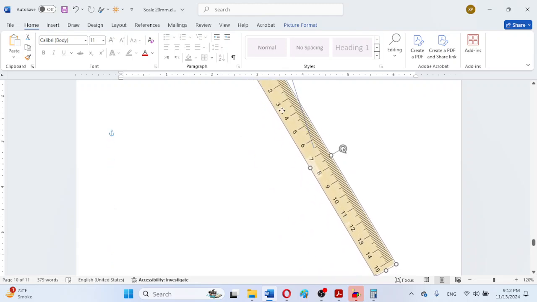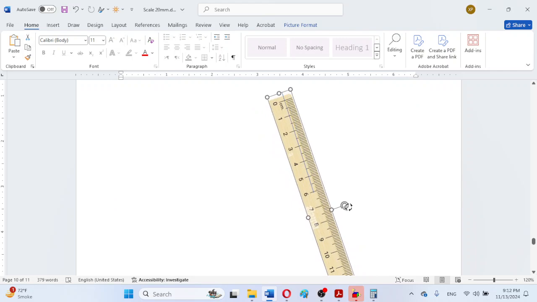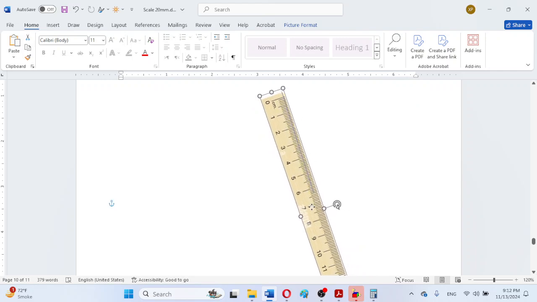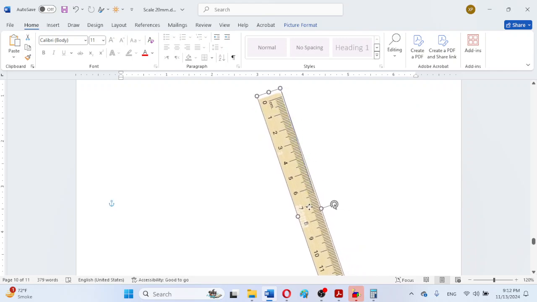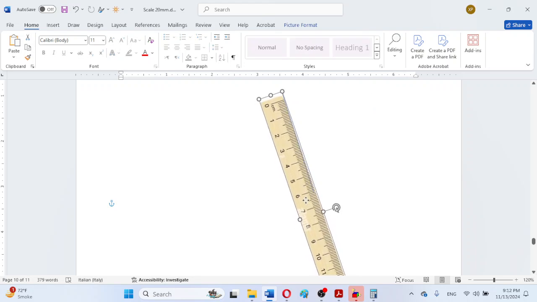Here we can specify the size of the rocker.